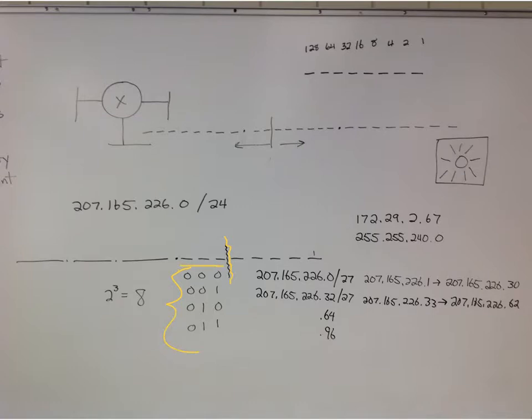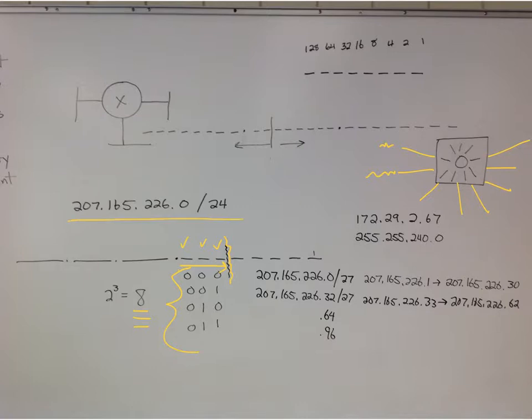We borrowed 3 bits: 1, 2, 3. That would give us 8 more networks. So if we had something like a multi-layered switch, we could easily divide 8 more networks, and each of them could be a little more secured. We'd stop a broadcast, and so on, however you want to do that.